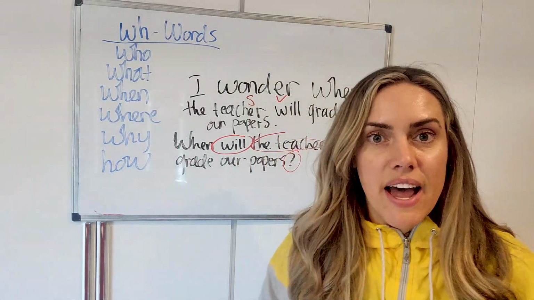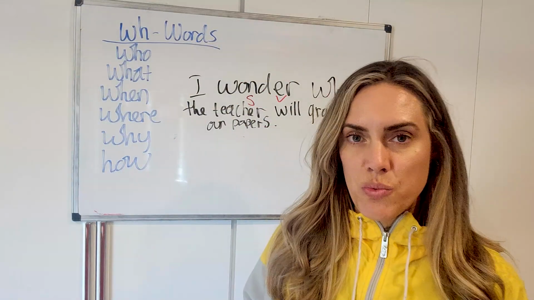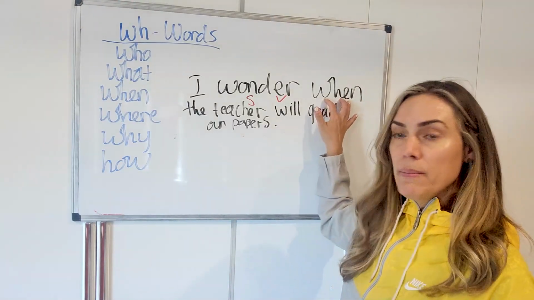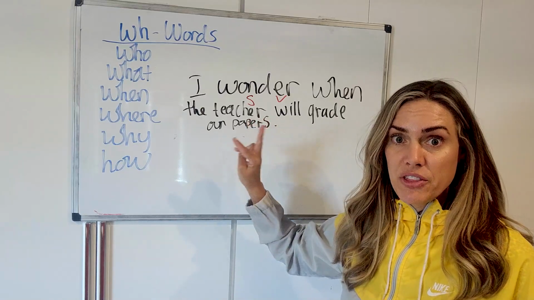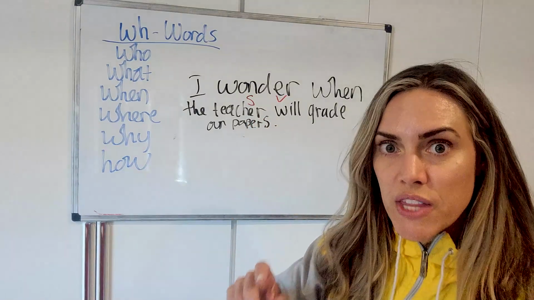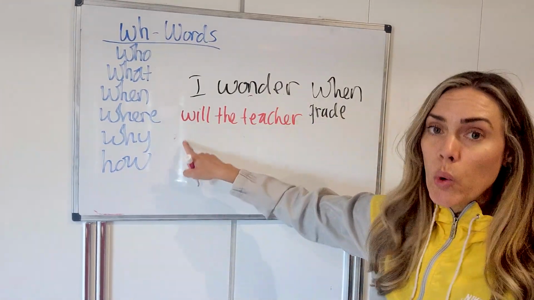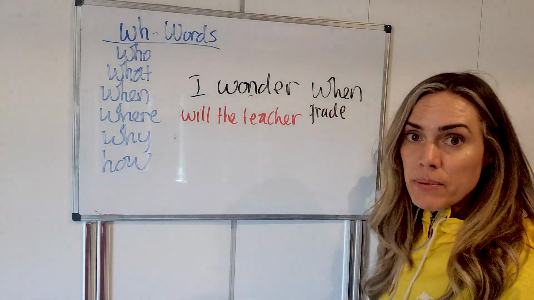However, a lot of times students will see a question word, and because they're really good at studying all these rules, they say, oh, that means I need to put the verb before the subject, and they'll do this. And they'll say, I wonder when will the teacher grade our papers?